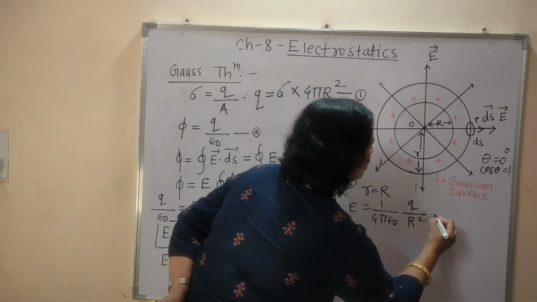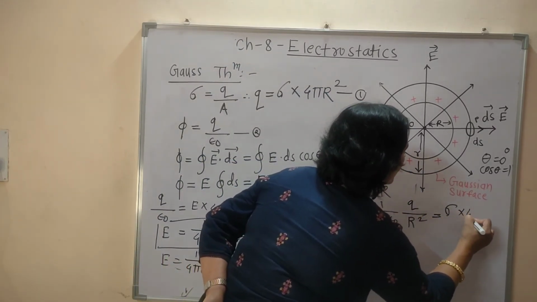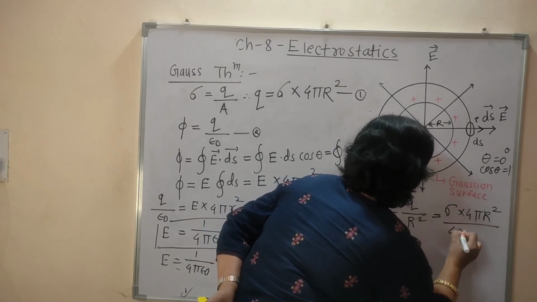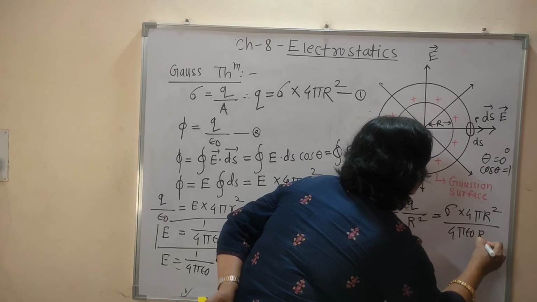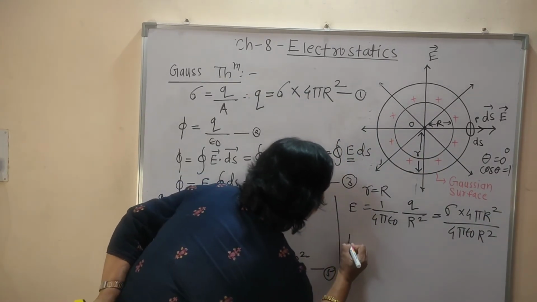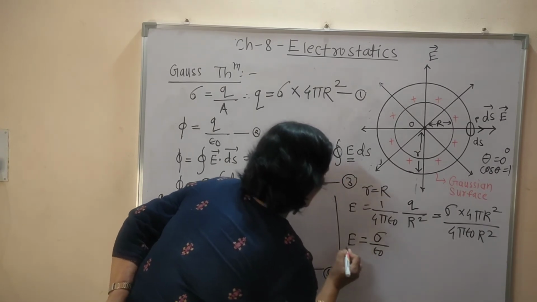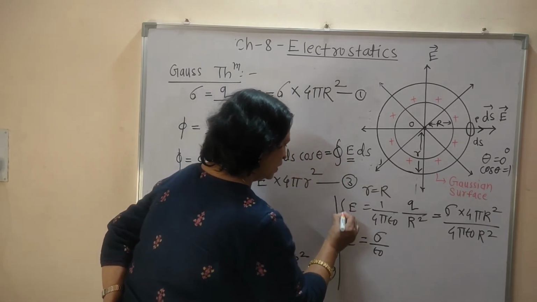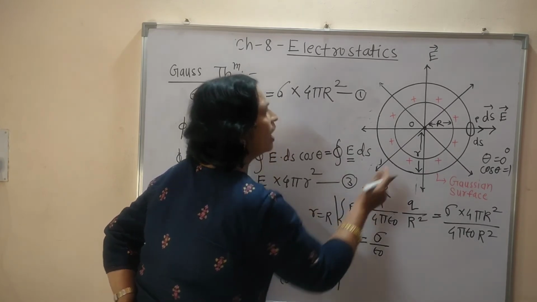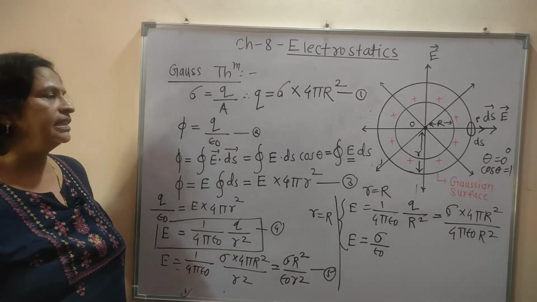If we substitute Q equal to sigma into 4 pi r square, divided by 4 pi epsilon naught r square, then 4 pi r square gets cancelled and E equals sigma divided by epsilon naught. These are the two values of electric intensity where r equals r, meaning on this sphere.